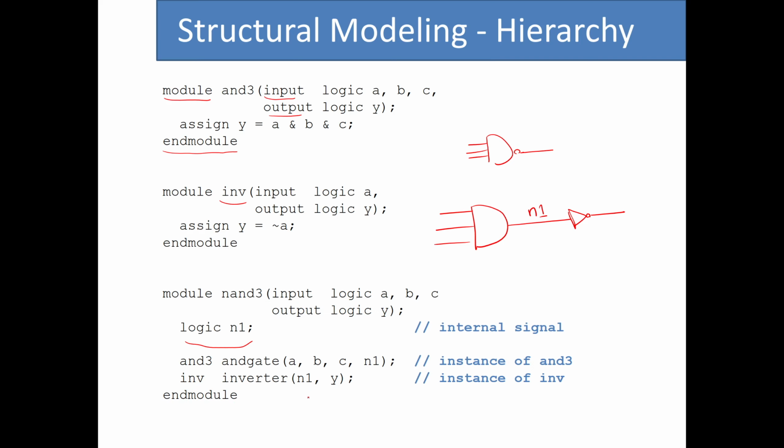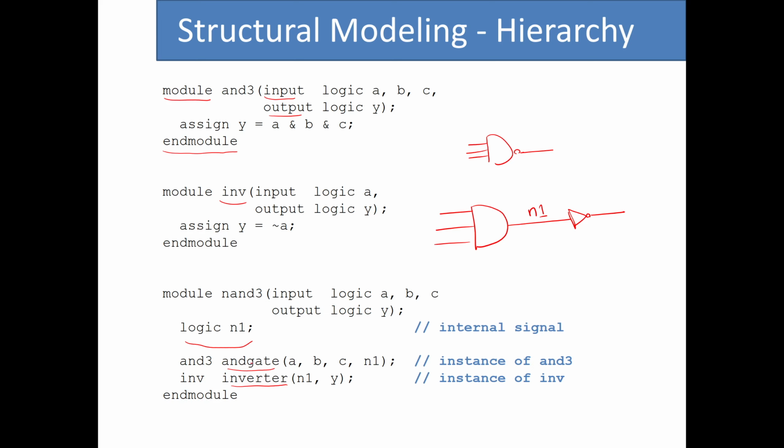So one thing that you notice here is that we have these AND3 and INV modules, but now we have these additional names too, right? So the way that System Verilog works is that when you want to call a module, you basically create an instance of that module, right? And then you name it again.